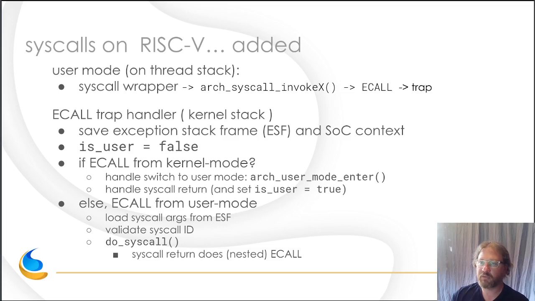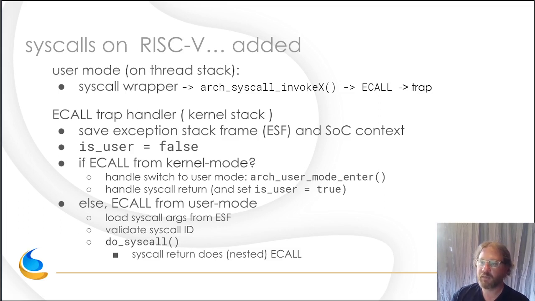So the way that's implemented now is once we get this far, we go and find the system call arguments that came from user space. Those are going to be in the exception stack frame. So we load the arguments, we load the system call ID, and validate all those to make sure it's a valid system call. And there's some basic checking done on the arguments to make sure they're all valid.